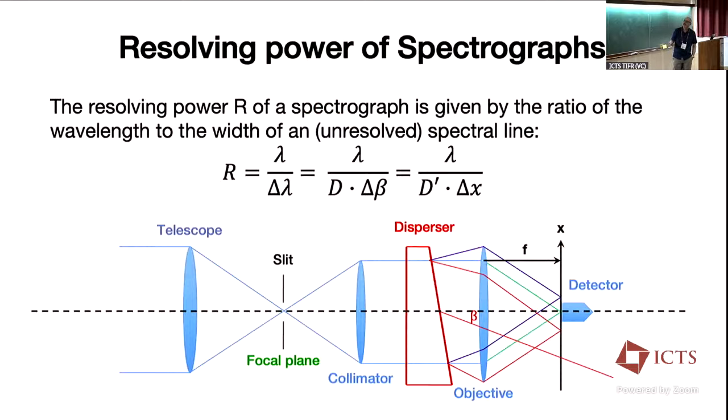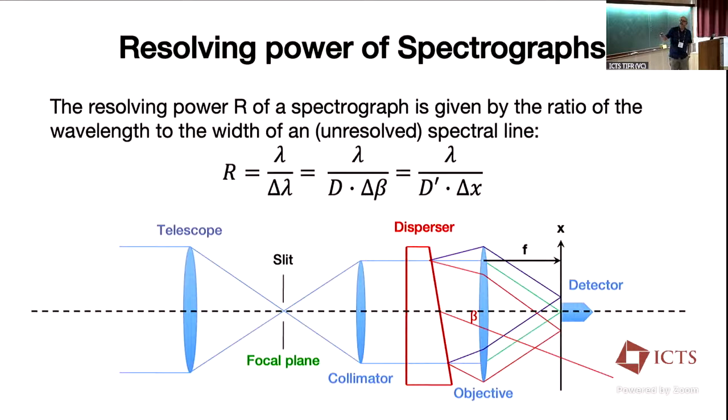That's what I made before. Okay, that's beta, the deviation angle. And of course, for every angle I get after the camera lens, the beam is focused on a single position. That's X, the position.